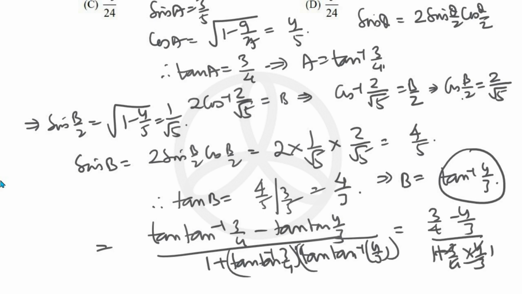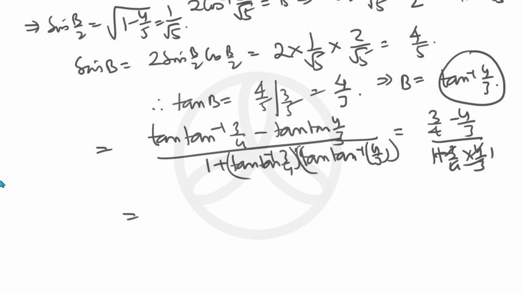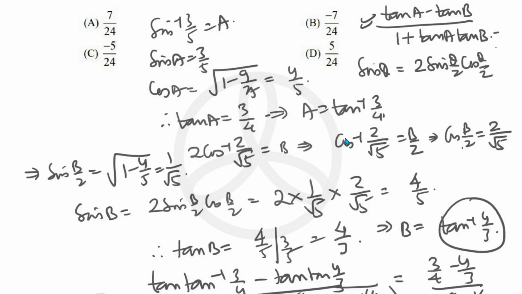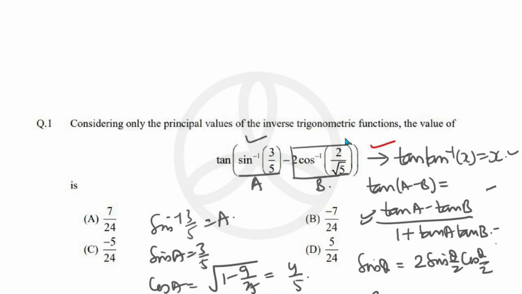This gives minus 7/24. Minus 7/24 is an option given here, so option B will be the correct option.